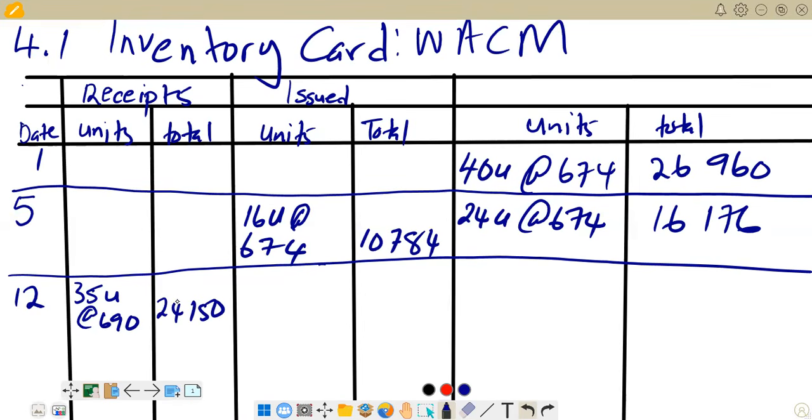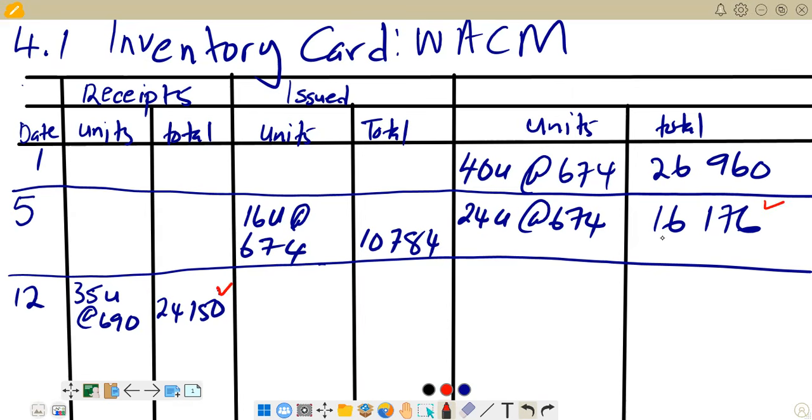So now to calculate the weighted average, we are going to take this new value of the ones that are coming in. We add to what was there here, and then we get the total of the value.